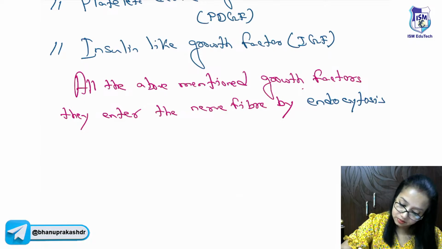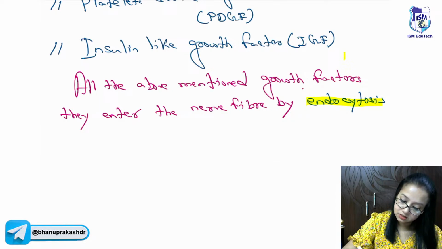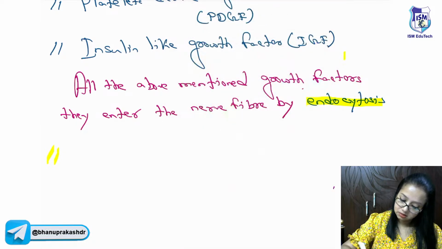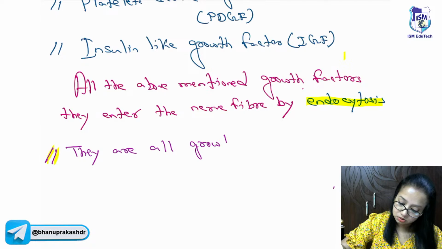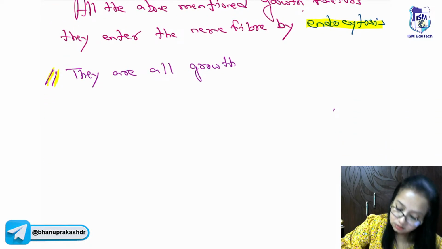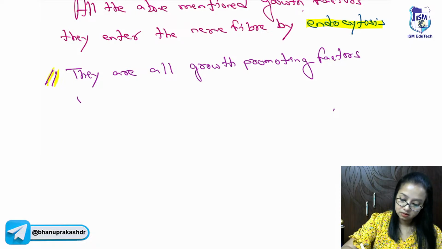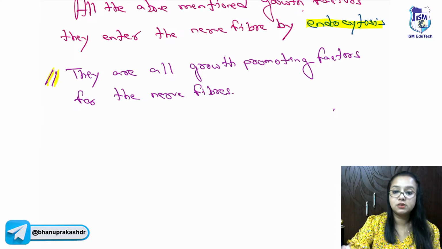They enter by endocytosis, and they are all growth promoting factors for the nerve fibers.